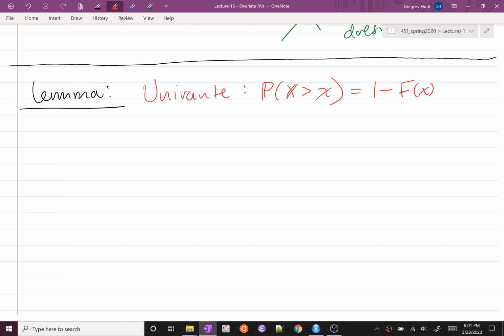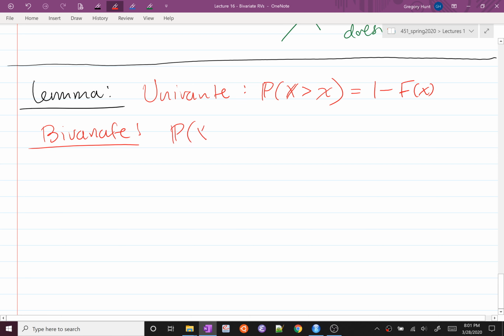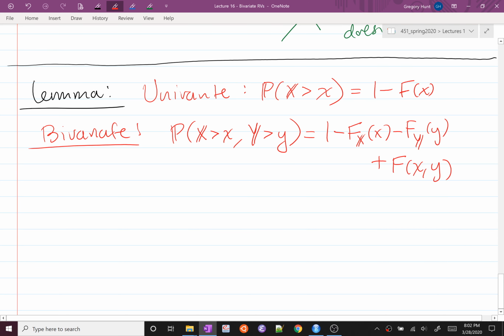In the multivariate or the bivariate case, if I want to calculate the probability x is bigger than little x and y is bigger than little y, I can take 1 minus the marginal CDF of x minus the marginal CDF of y at little y plus the joint at x and y.